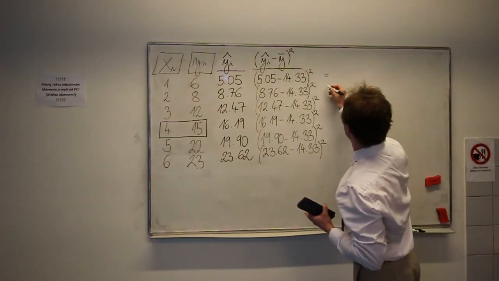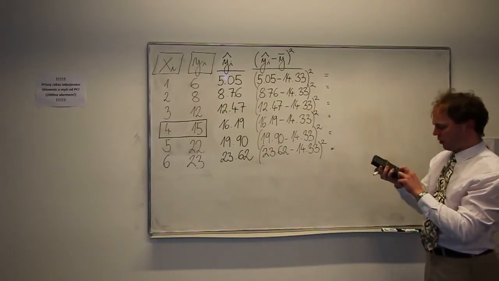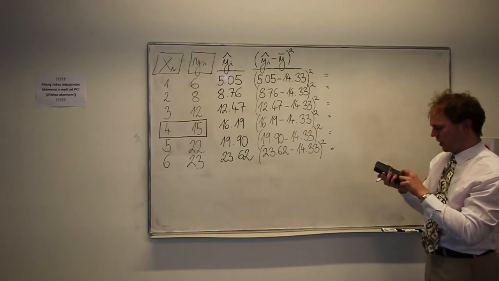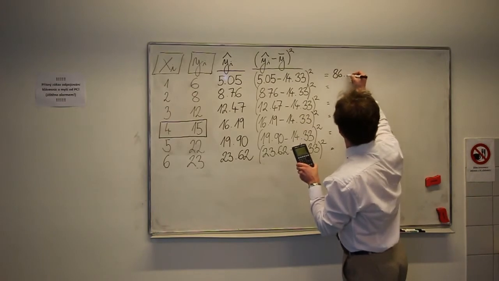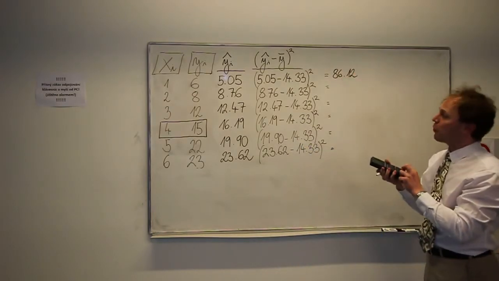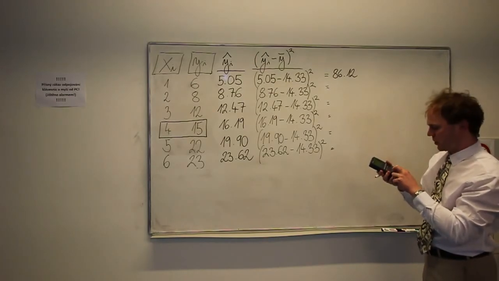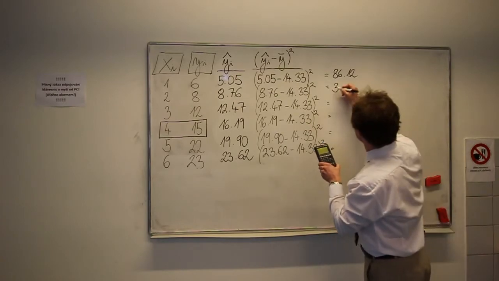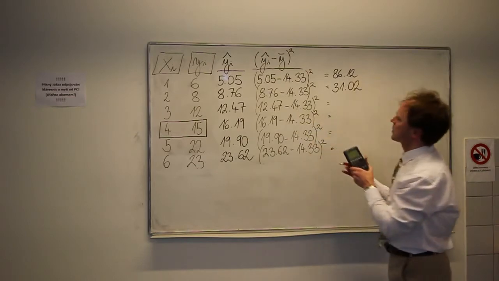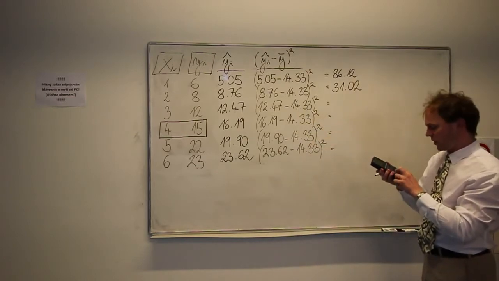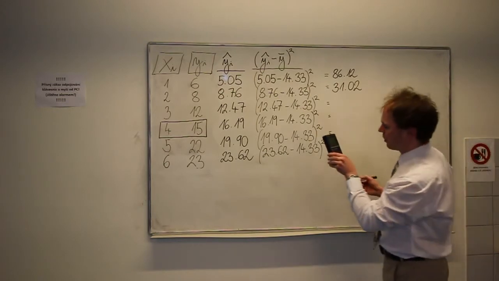So equal signs, and now 5.05 minus 14.33 squared is 86.12. 8.76 minus 14.33 squared is 31.02. 12.47 minus 14.33 squared is 3.46.